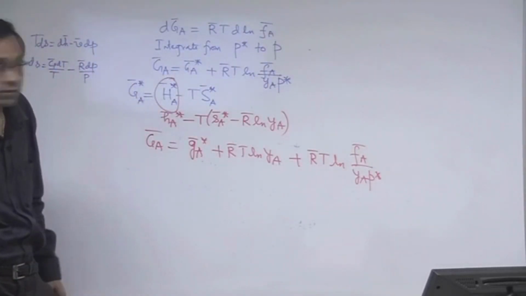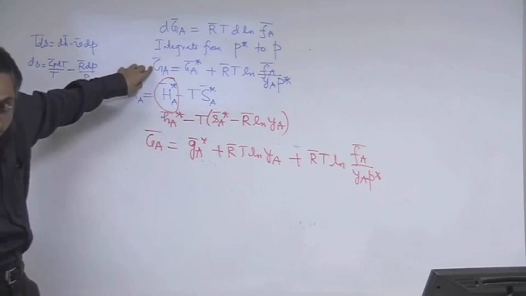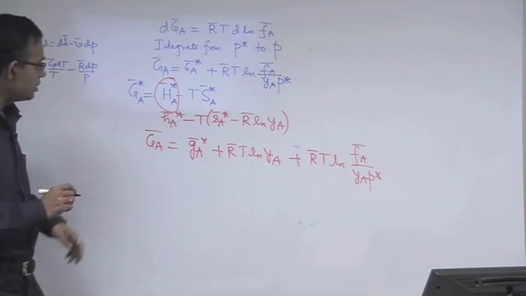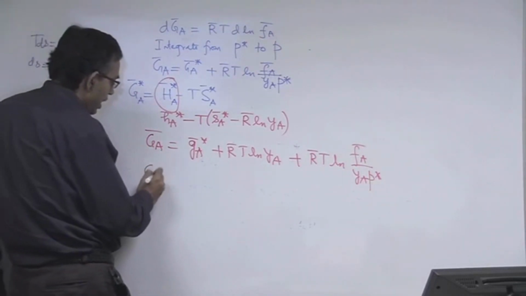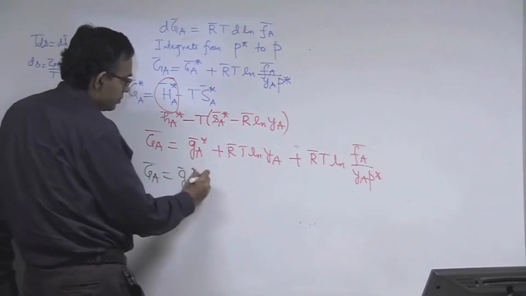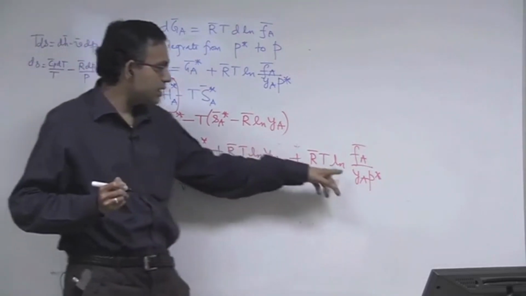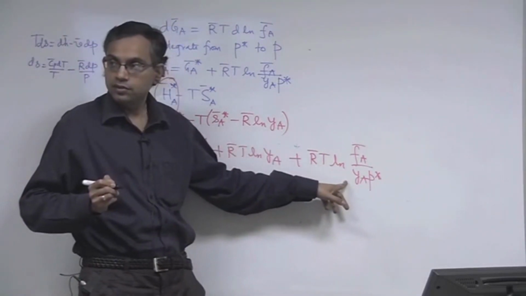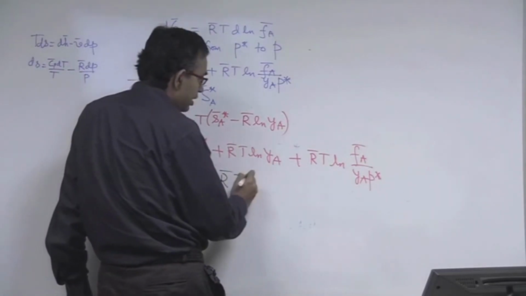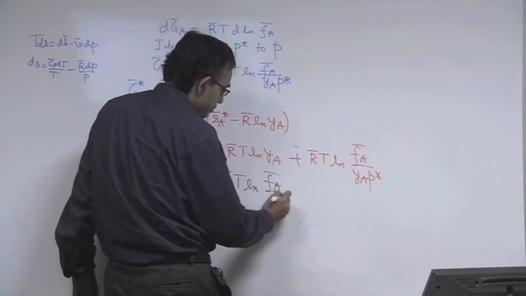From this expression we have written this. So we can write G a is equal to G a star plus, now RT ln Ya gets cancelled. So you have RT ln F bar A by P star.